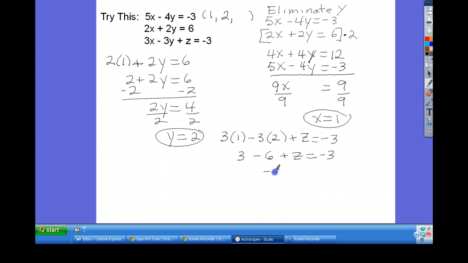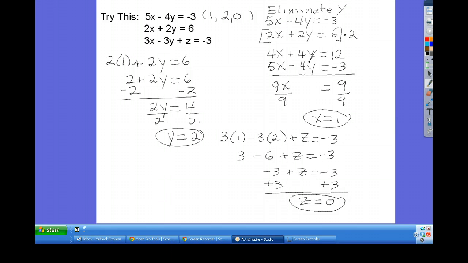Collecting like terms, negative 3 plus z equals negative 3. Add 3 to both sides. Z equals 0. It's perfectly fine for 0 to be one of the coordinates. And that's the solution to our system. 1, 2, and 0. All right.